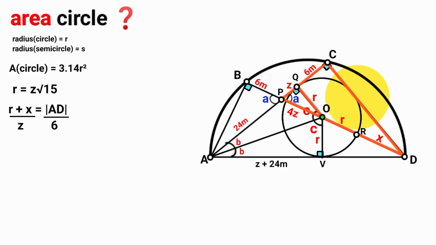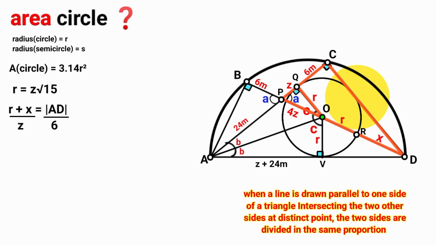We can use the Thales theorem, which states that when a line is drawn to one side of a triangle intersecting the two other sides at distinct points, the line divides the two sides in the same ratio. So by this rule, this line OD divided by this line PO must be equal to this line CO divided by this line PQ.